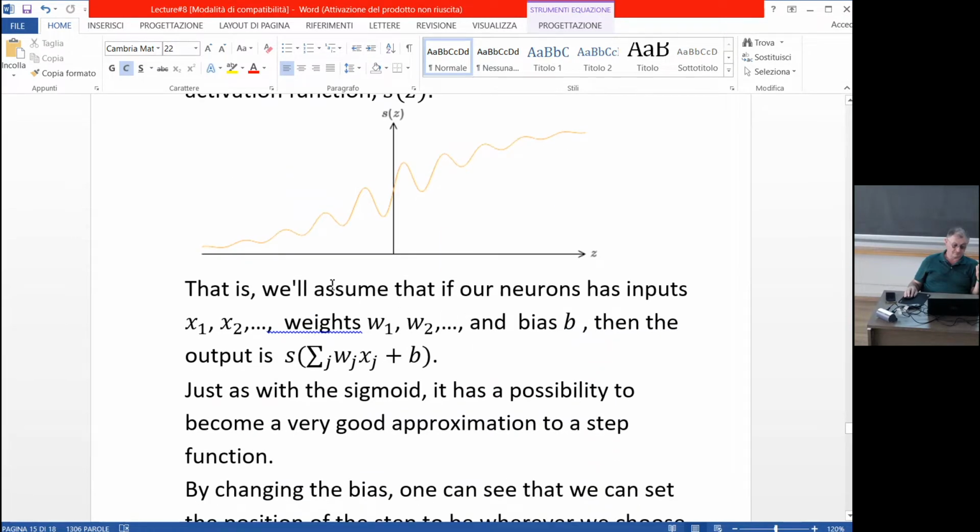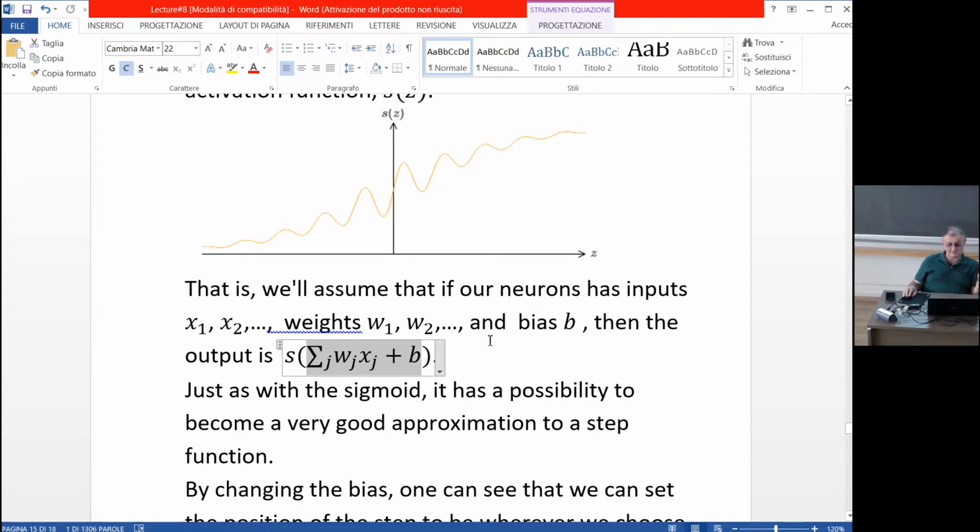So we have an activation function, and we assume that our neuron has inputs x1, x2, and so on, with the weights w1, w2, and so on, and bias b. So we should construct this weighted sum plus bias, and then take our function at this final point, this neuron activity.